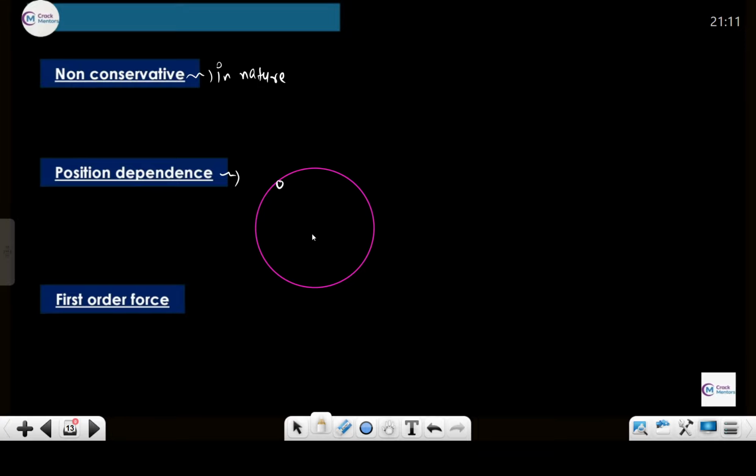If one proton and one neutron are at some distance, then they would offer some strong nuclear force. But as the distance decreases, the force would become weak. I'm hoping that this much is clear to you.